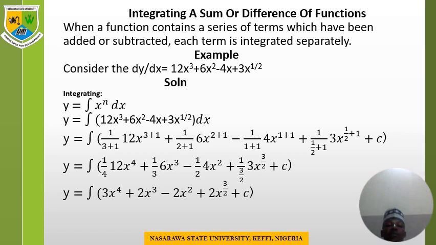For the 12x raised to power 3, when we are reversing to the normal equation, you can see 1 over 3 plus 1 times 12x raised to power 3 plus 1.